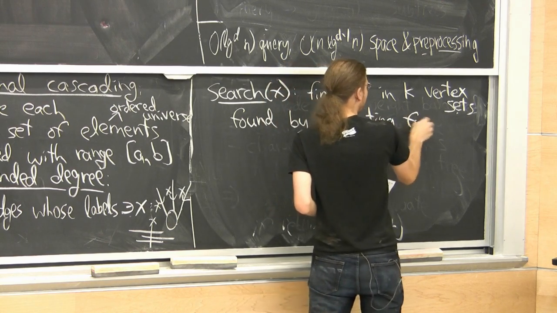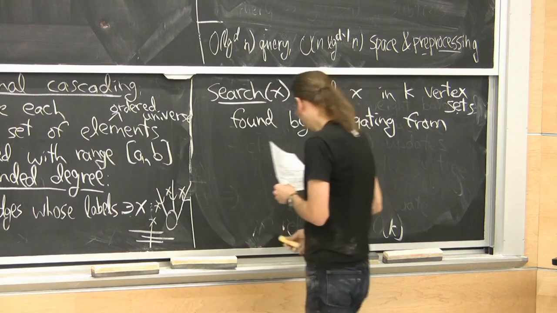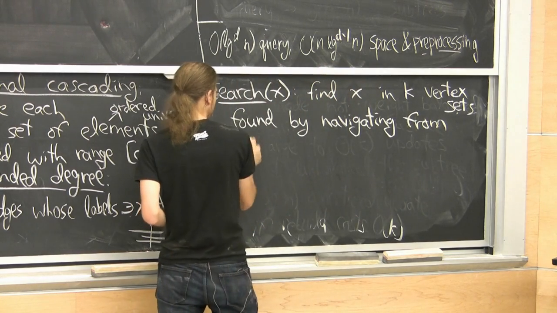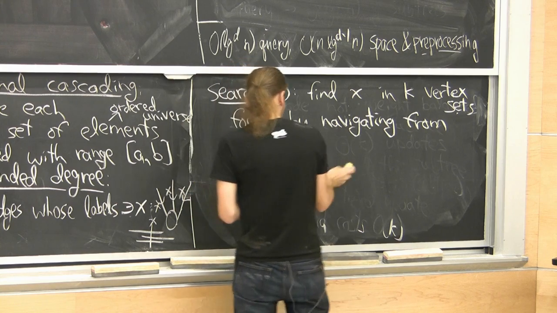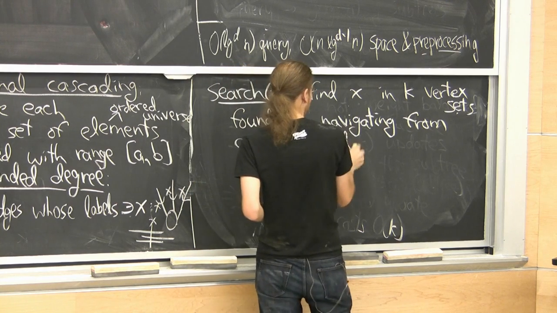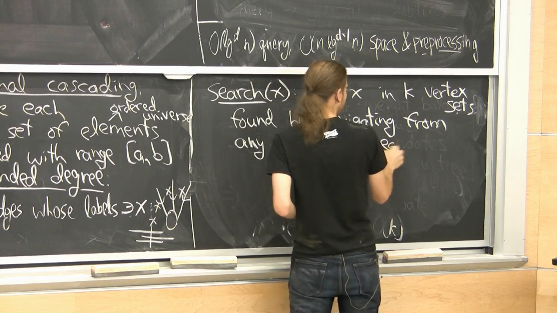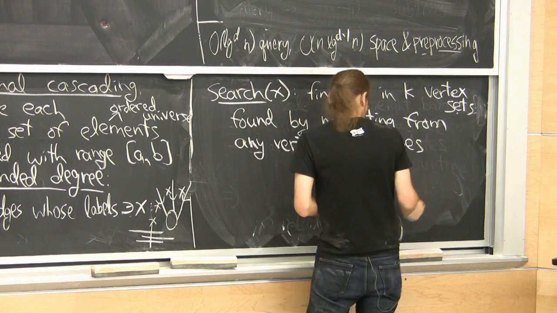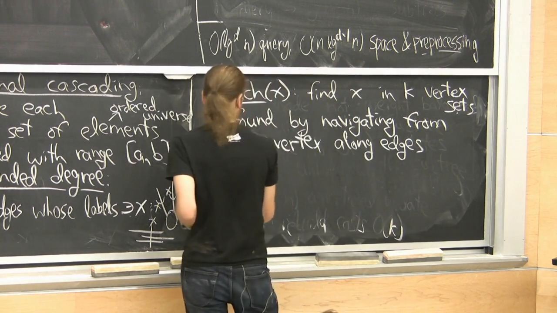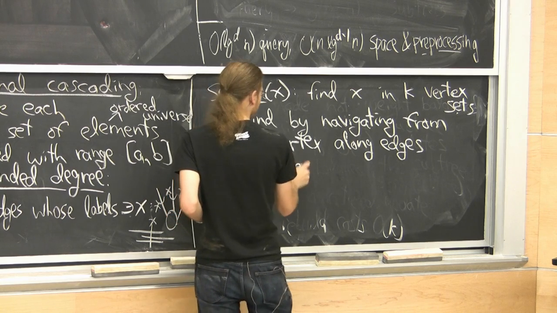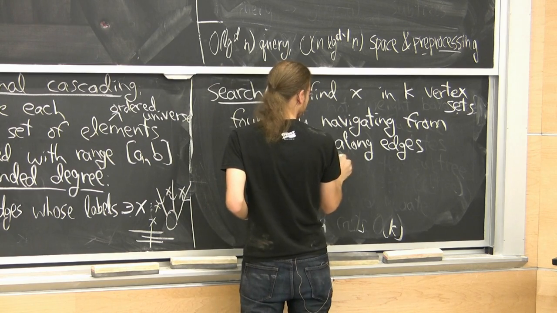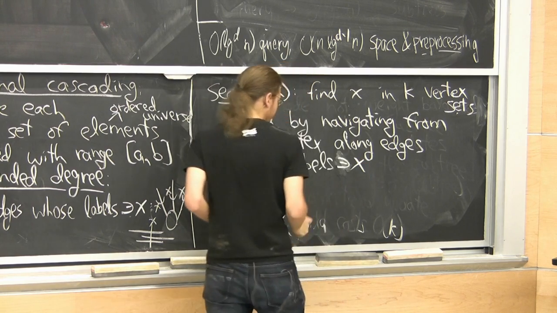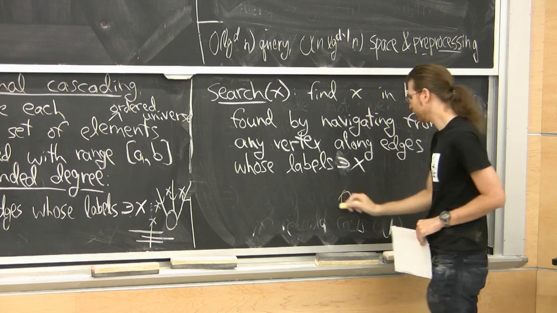They're found by navigating this graph, starting from any vertex. And we navigate by following edges whose labels contain x. So we start at some vertex in the graph.